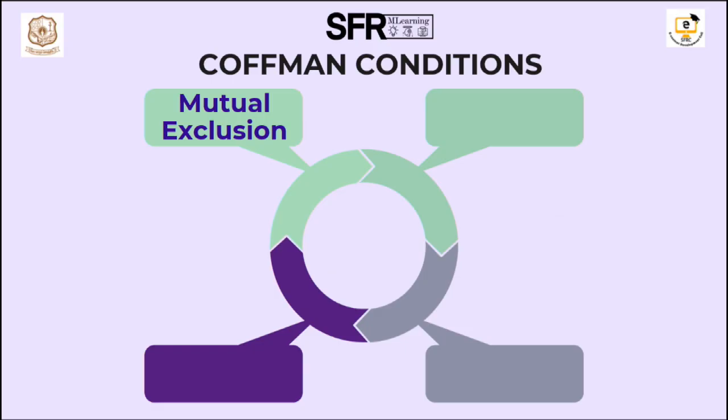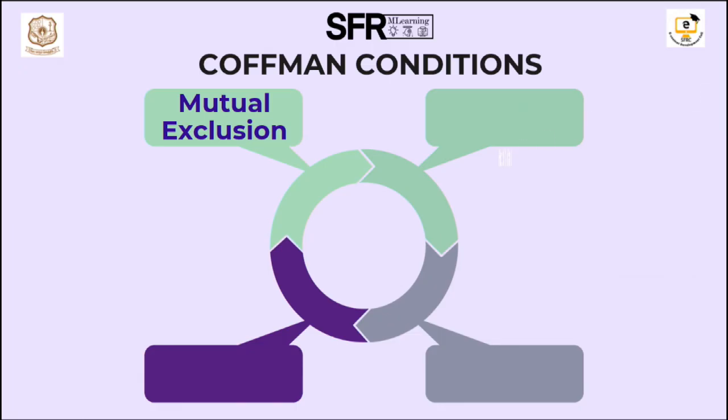This says that any one resource should be utilized by a single process only. If there are many processes waiting for the same resource, then one process should lock the resource so that no other process can use it simultaneously.